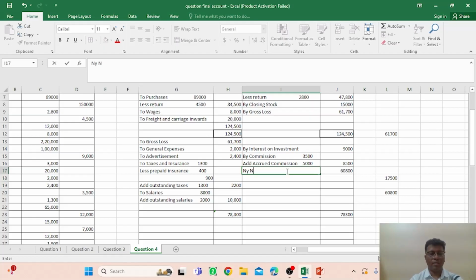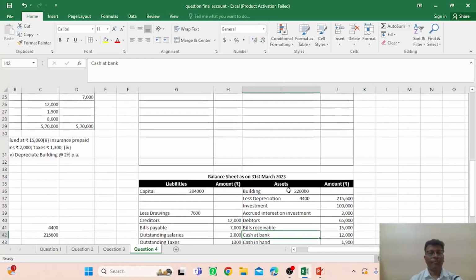This is by net loss, 60,800 less net loss, 60,800, and we have to subtract this, equal 384,000 minus 60,800. So this is the amount, and here you can find the final adjusted capital, that is 323200 minus 7600, and you find this one, right?